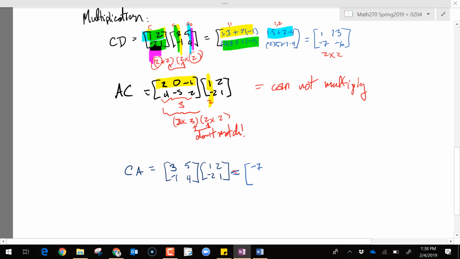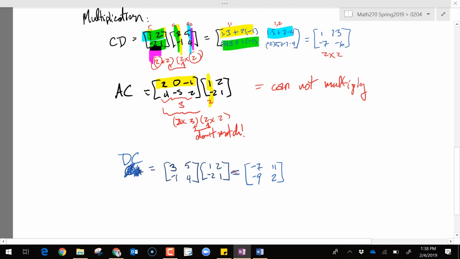We got 6 plus 5, 11, minus 1, minus 8, and minus 1, minus 2, plus 4. Okay? It's good. You guys can do it in your heads already, so we could just do that when we're doing matrix multiplication. Oh, this is CD, sorry. No, this is DC.